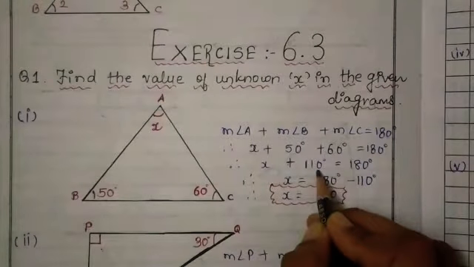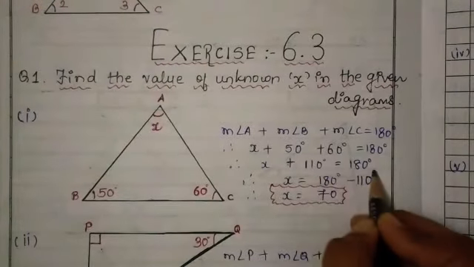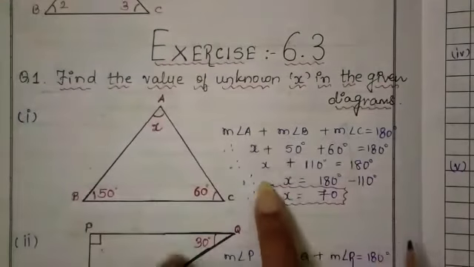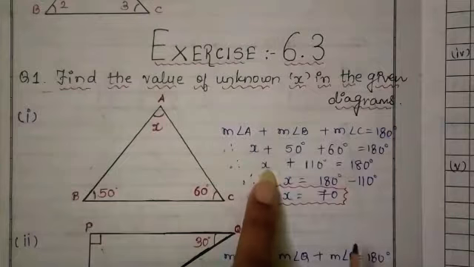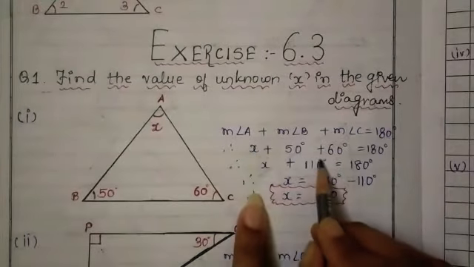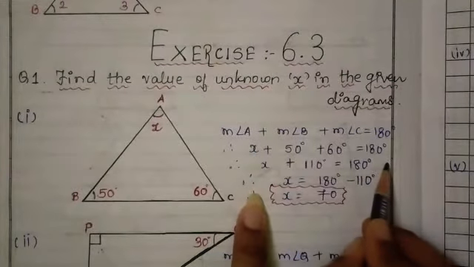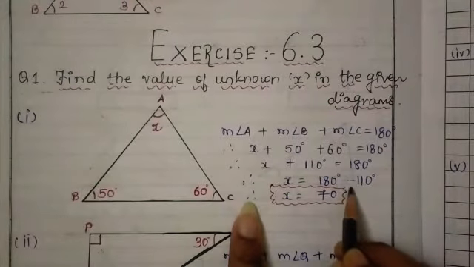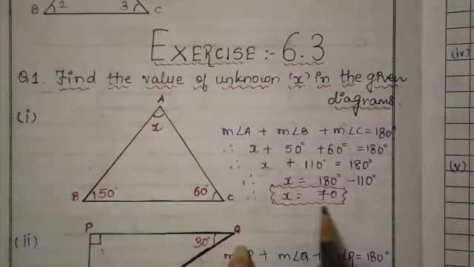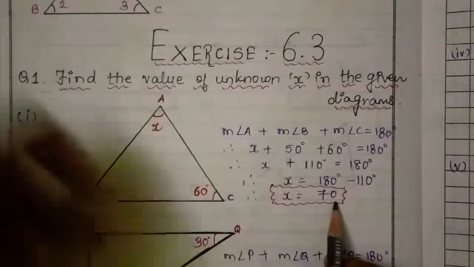You will get 110 is equal to 180 as it is. Now in order to find the value of x, what you have to do is transpose this 110 to the right side of the equation. When you transpose this to the right side, it will become negative, and on subtracting you will get the value of x as 70.